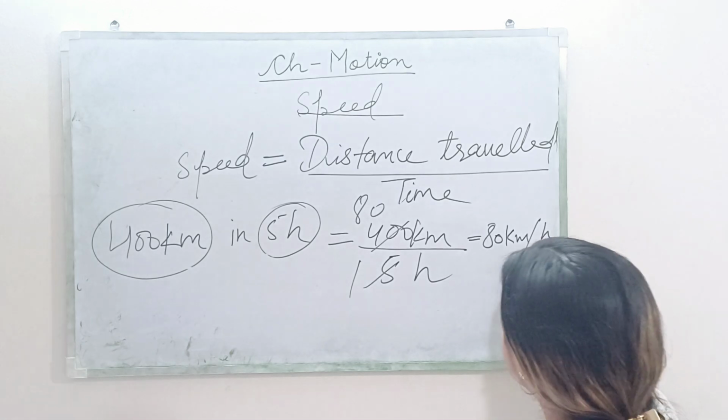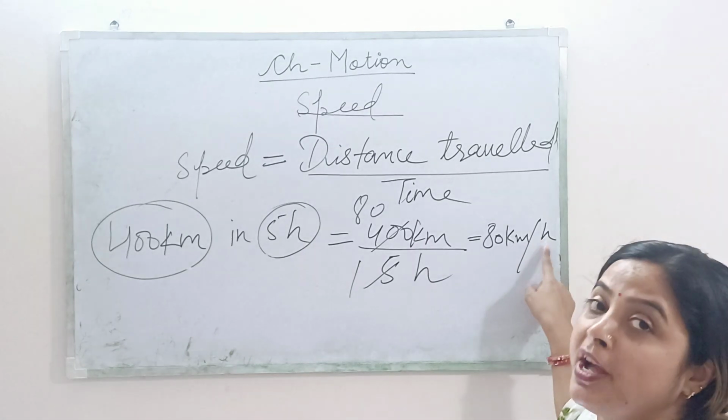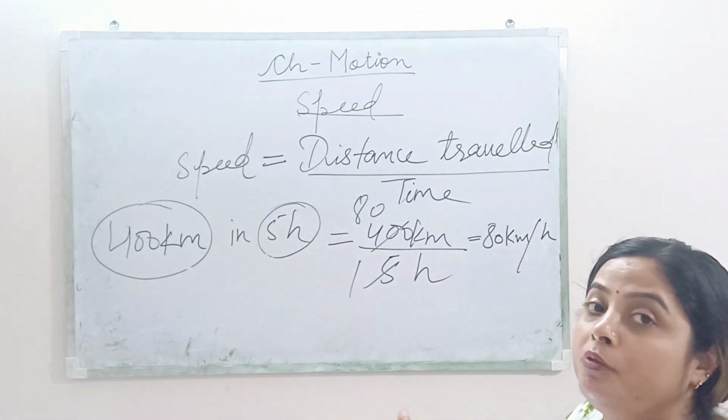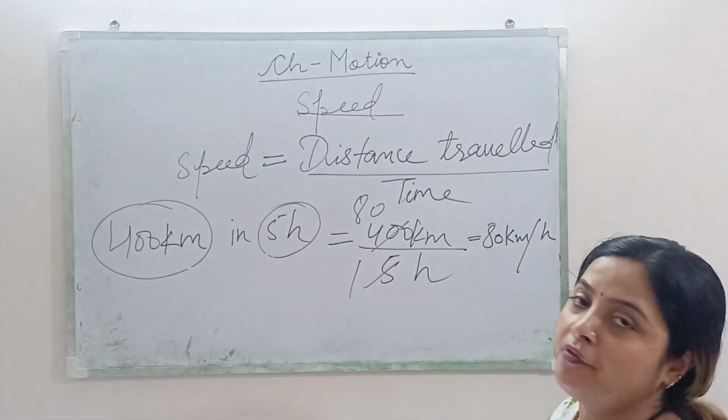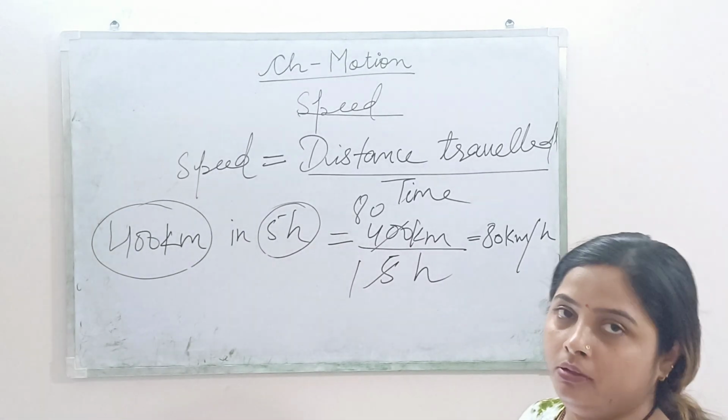Means in each 1 hour, unit hour means 1 hour, the body is covering 80 kilometer. Clear?